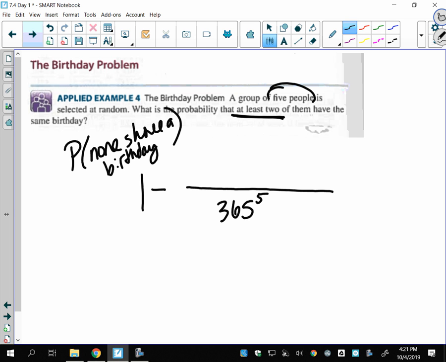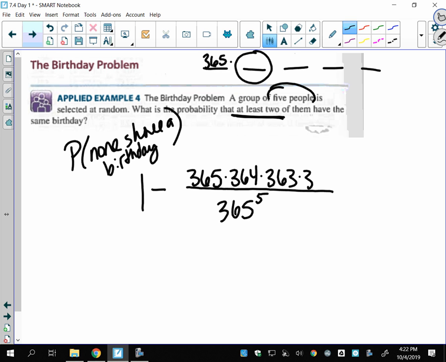So how could we show that they don't share a birthday? Well, think about the first person. 1, 2, 3, 4, 5. That first person has 365 days that could be their birthday, right? But now the second person can't share a birthday, so that's 1 day less. So that's going to be 364 days. And then they can't share it, so it's just going to keep counting down. 363, 362, 361.